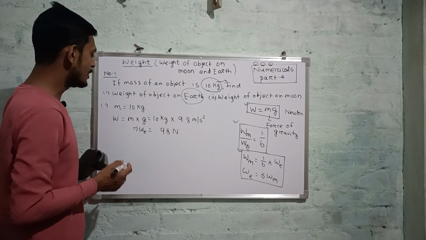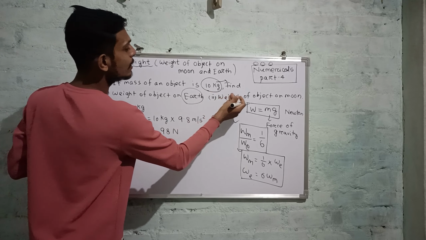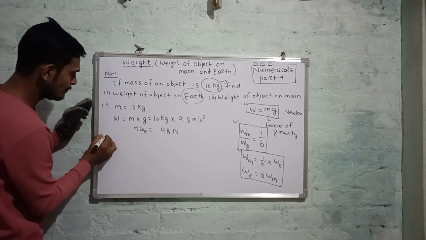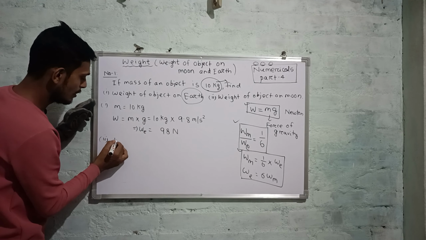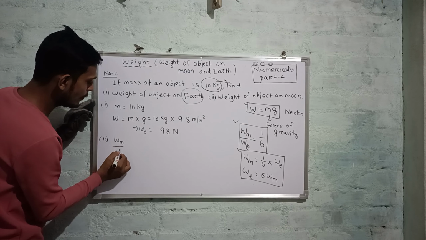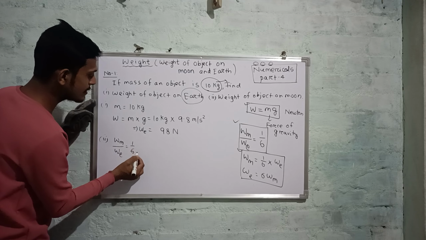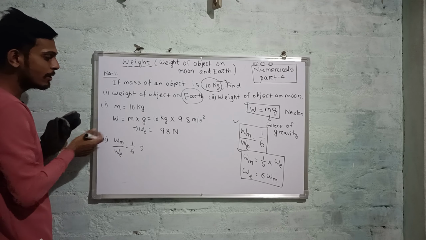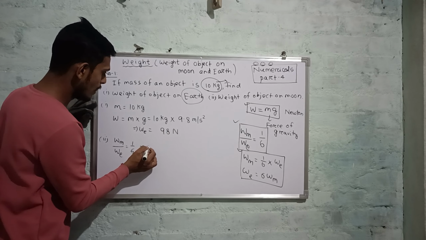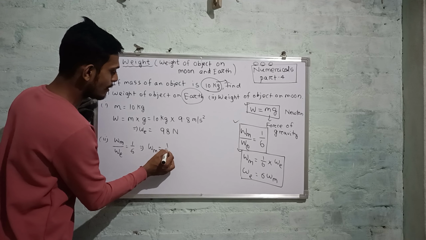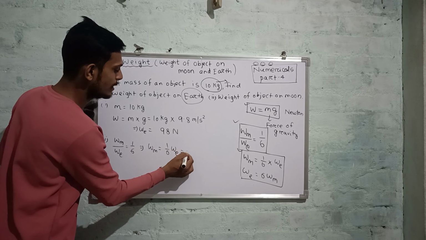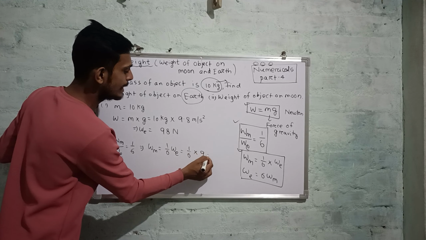Similarly, I can find the weight of the object on the Moon. I know the formula: Wm by We is equal to 1/6. We is 98 Newton. So Wm equals 1/6 We, that is 1/6 into 98.